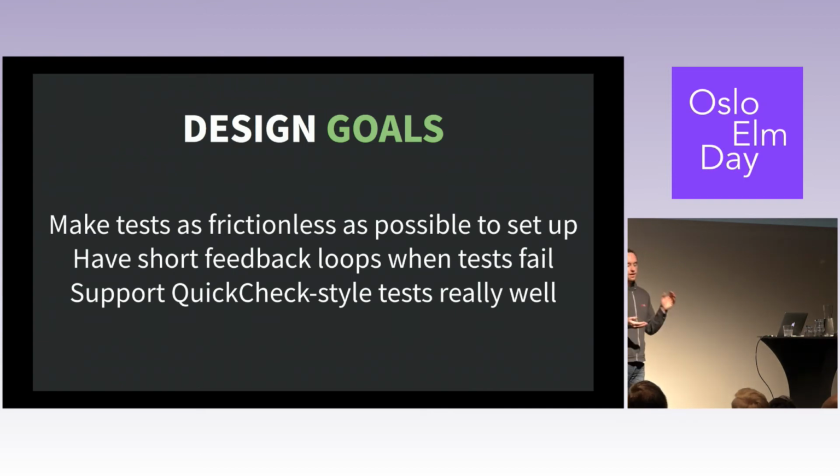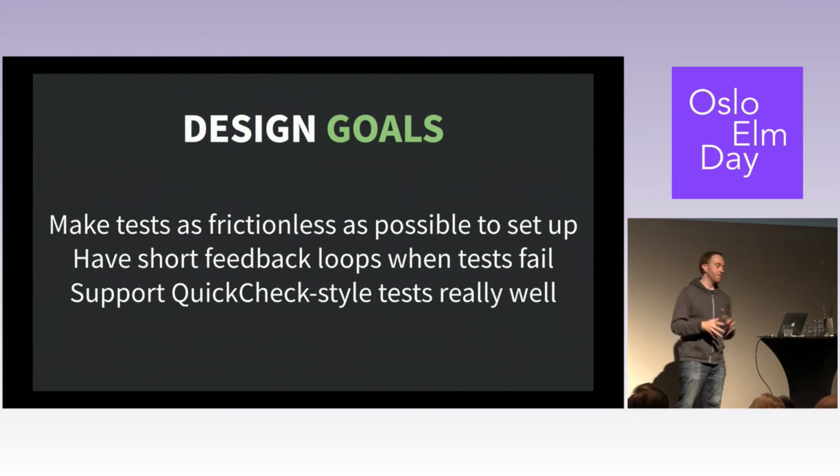For example, because elm-check was implemented on top of elm-test, if you were writing elm-test tests, like unit tests, and you're also writing elm-check tests, every time an elm-check test would run, it would add 100 iterations to your test count. You would write 5 normal unit-style tests, then you would write 1 quick-check-style test, and now you'd have 105 total tests. And so your total test counts just got way out of whack because of this.